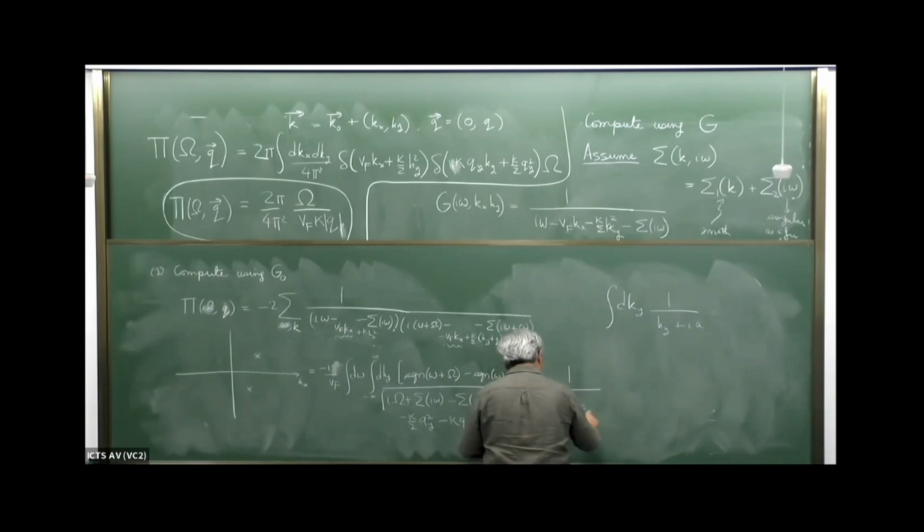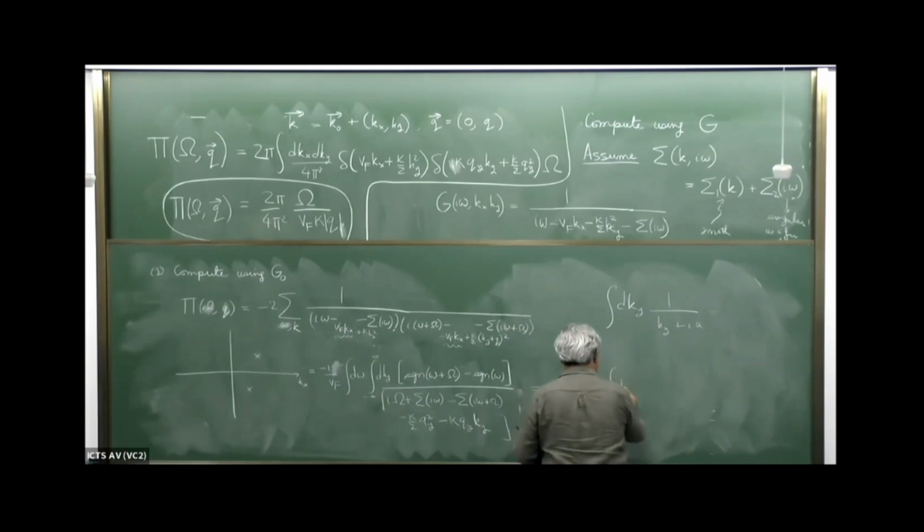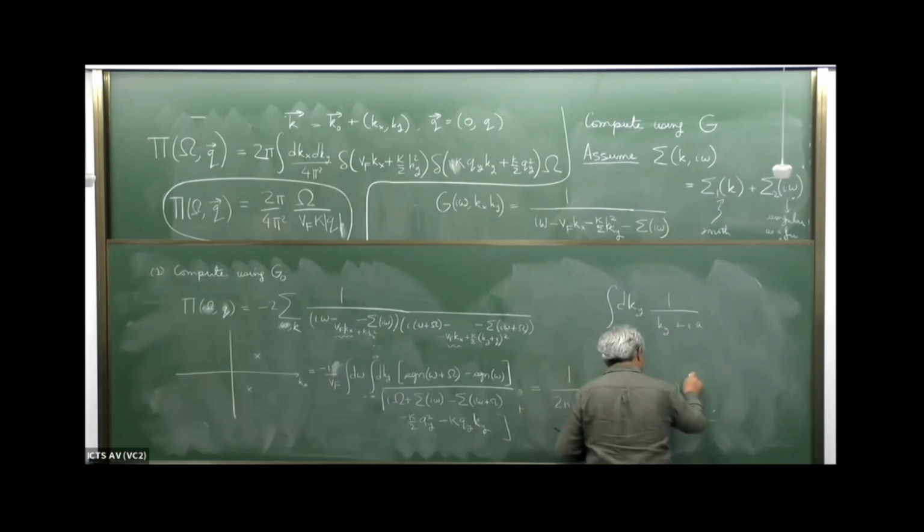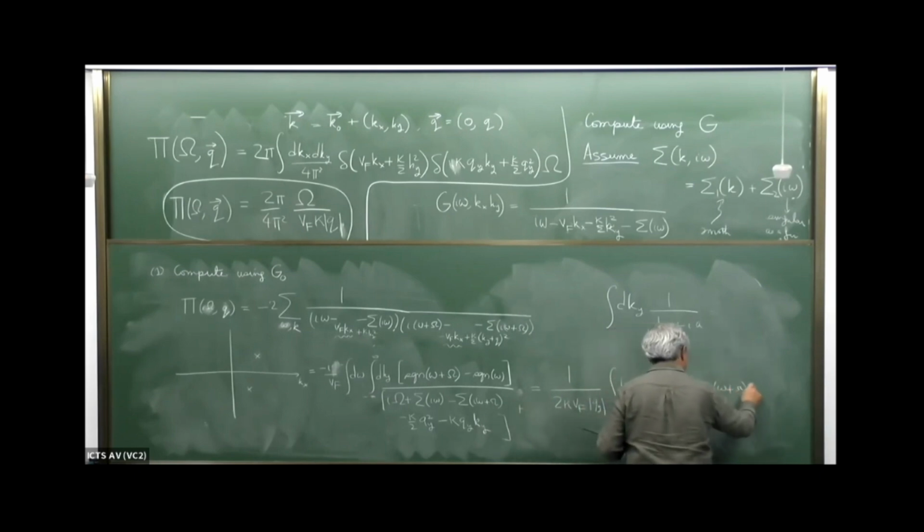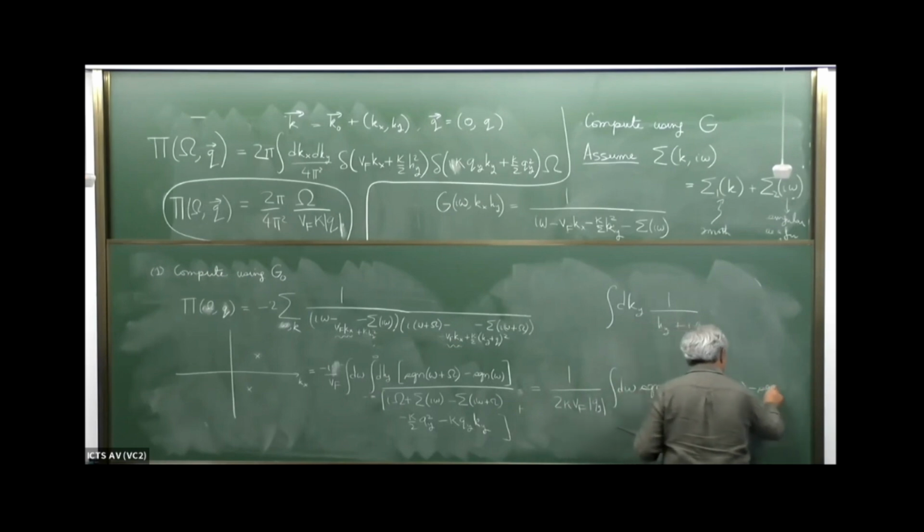And what is that Q? You get a Qy from this Qy multiplying the Ky. And you will get d omega, sine of omega times sine of omega plus omega minus sine of omega or something like that.